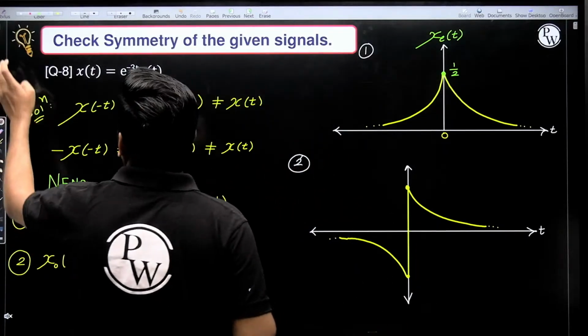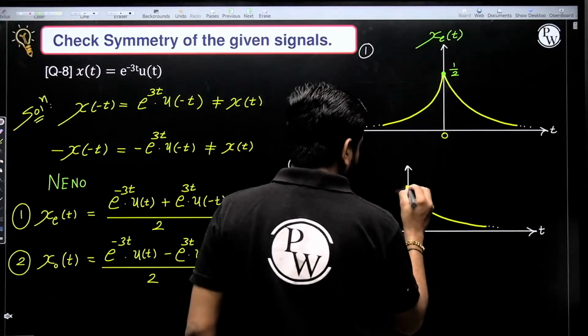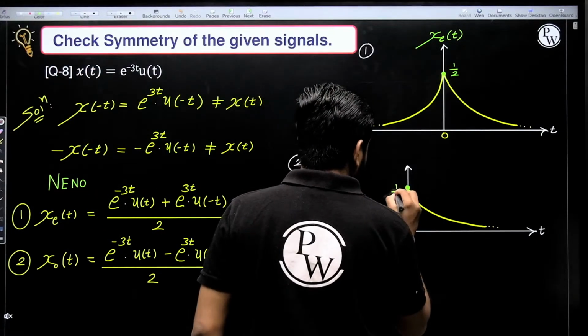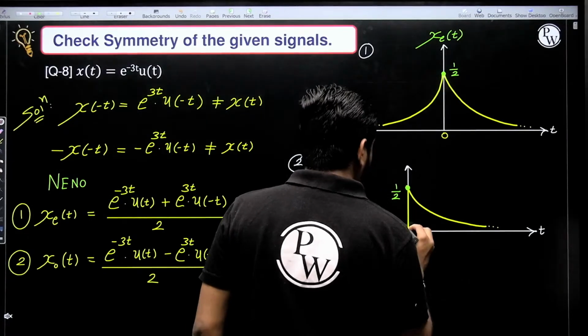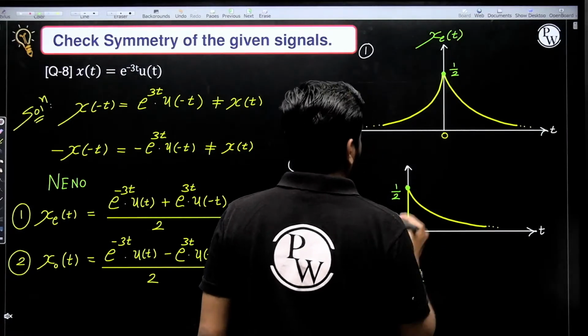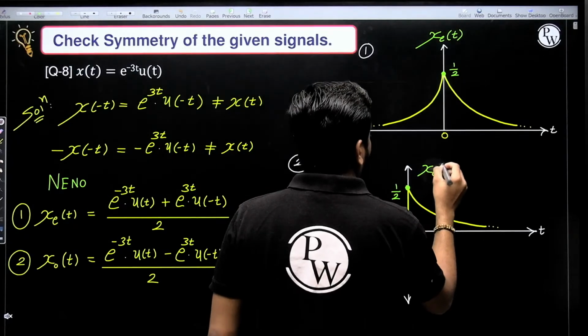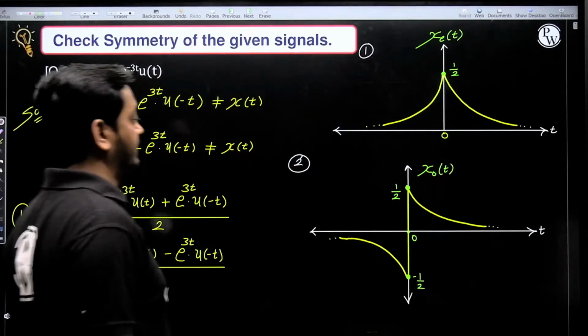Again, this amplitude is 1 by 2 and this amplitude is minus 1 by 2. This is the odd part of this exponential.